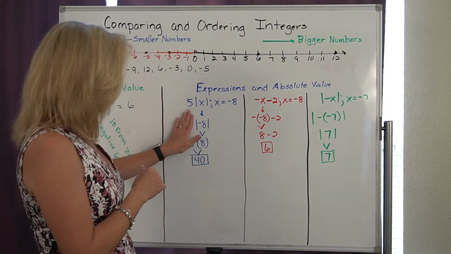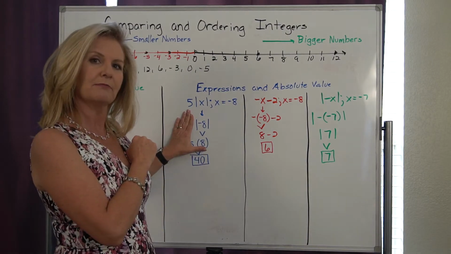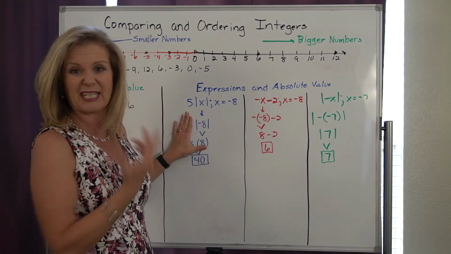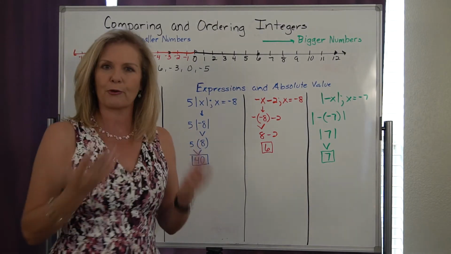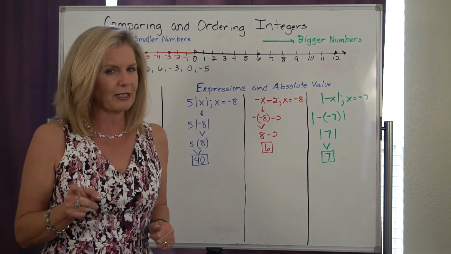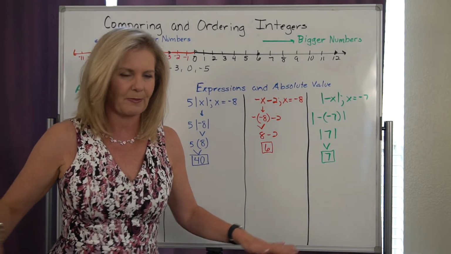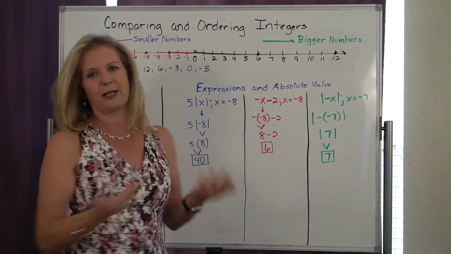So I cover up my 5 and I just say the distance that negative 8 is from 0, remember it has to be positive, it's just 8. Now remember also, I don't have any operation symbol between the 5 and the absolute value. And if there's no operation symbol, I know it has to be multiplication. So I can rewrite this as 5 times 8, which I know is 40.